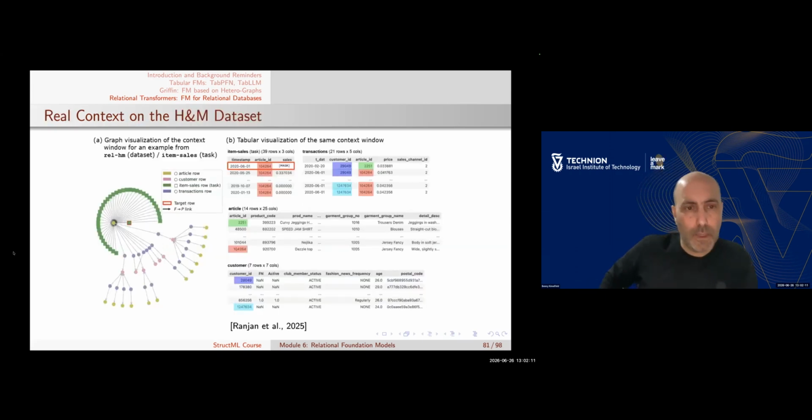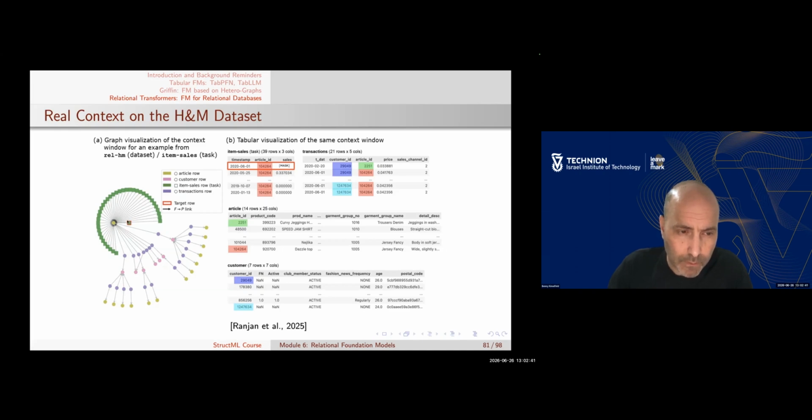Here they give an actual example from the H&M dataset where we want to predict the sales of an item at a specific time. So item sales row, that's the task. This is what we want to predict, the target row.